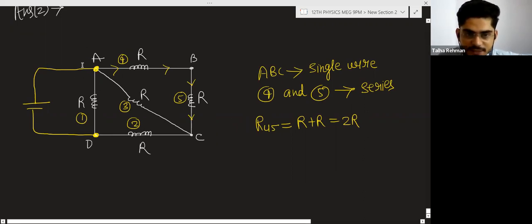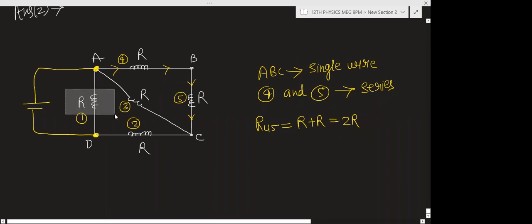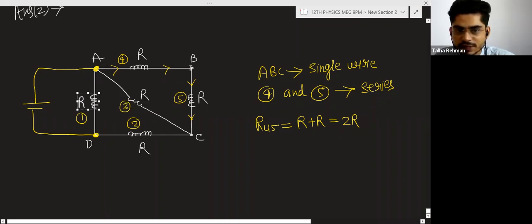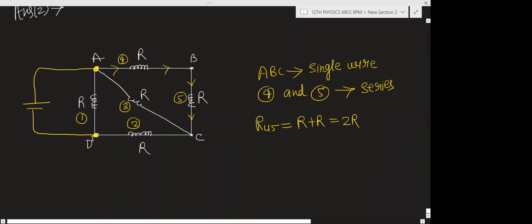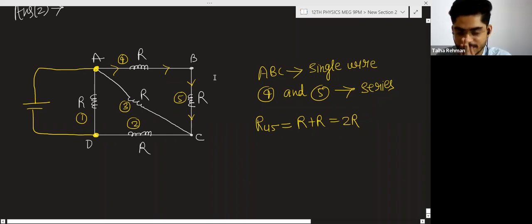We need the resistance between A and D. Total resistance between A and D we need. Okay, you are thinking that this resistance will be the answer, but no. Between A and D, this also is in between A and D. Oh, yes, because it's in series. That's why. Yeah, this is in series.